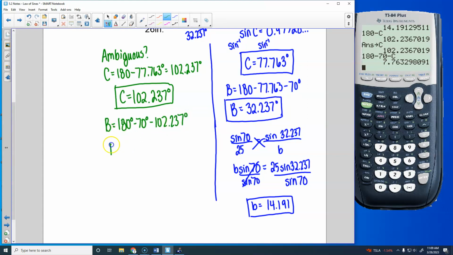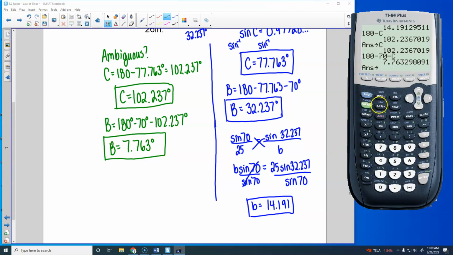If we have this for our angle C, we will get 7.763 degrees for our angle B. I'm going to go ahead and store that as my B so that I don't have to round that number off. And now I need to do law of sines again.